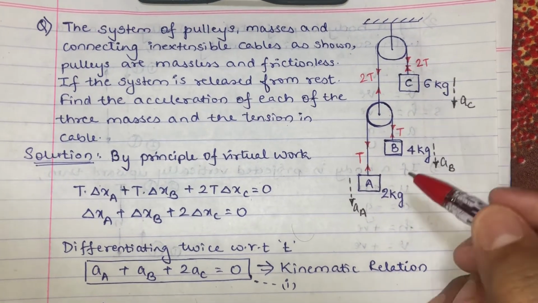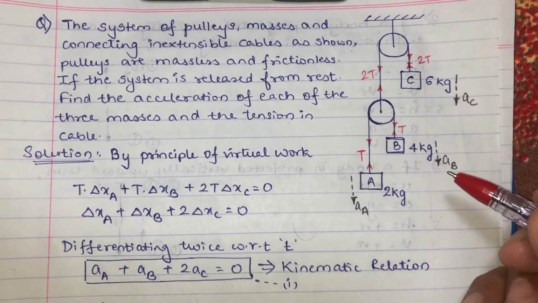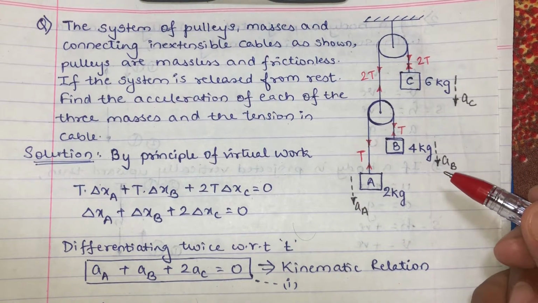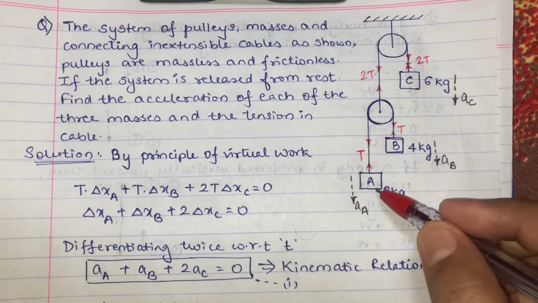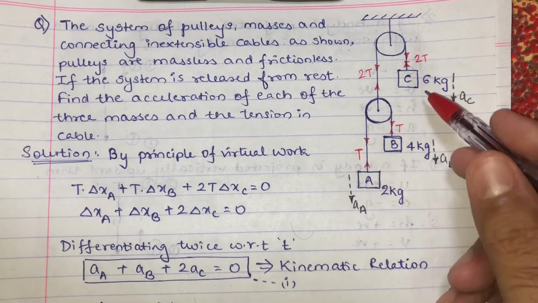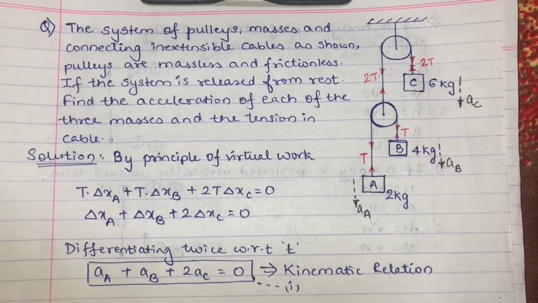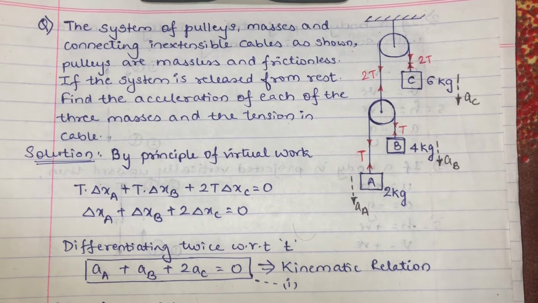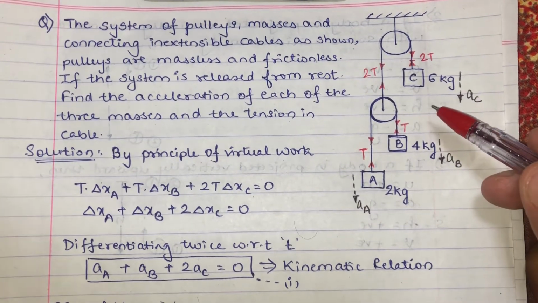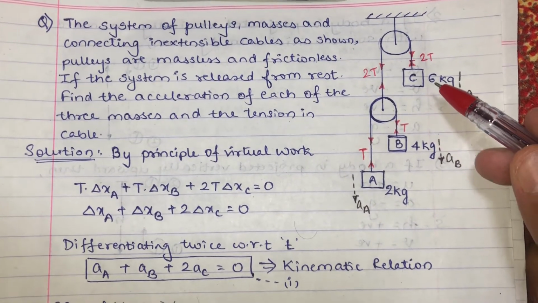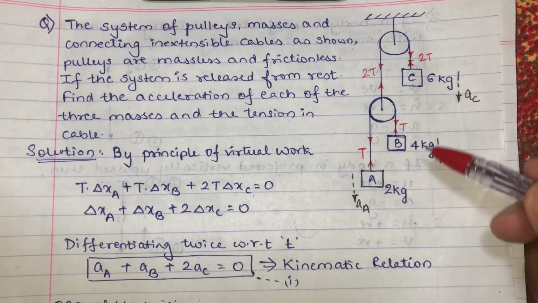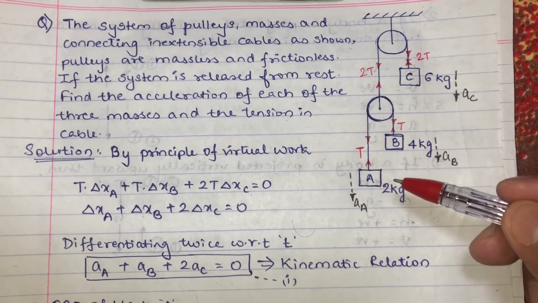As friction is not being considered, we'll consider that all three blocks are moving down. I know it is not feasible that all three blocks will come down, since 6 kg is more, so 6 kg will be coming down. What about the others, we'll see later.